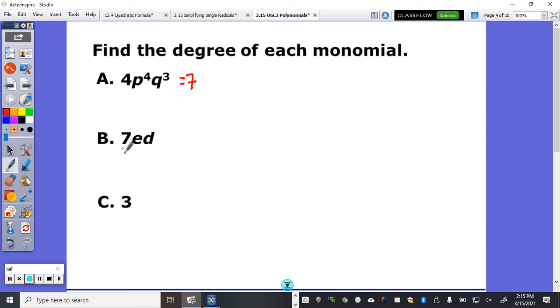What's the degree for this one? 2. Now, if you do not have a variable with it, your degree is 0.